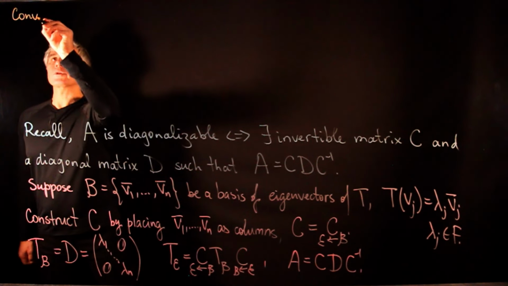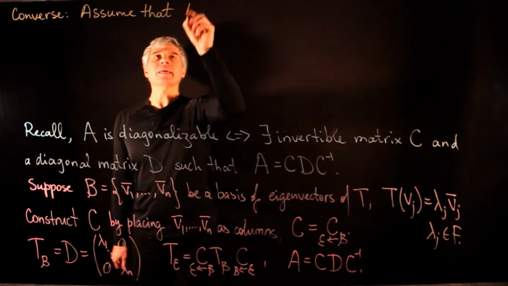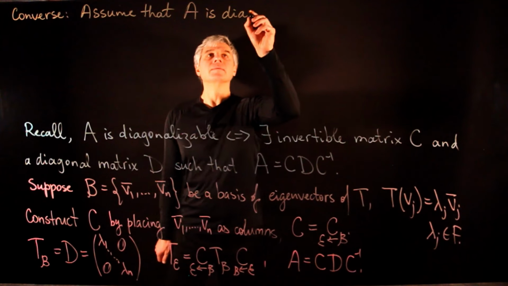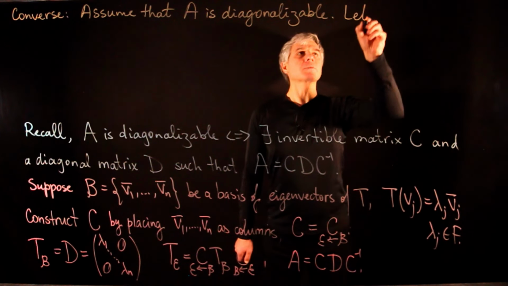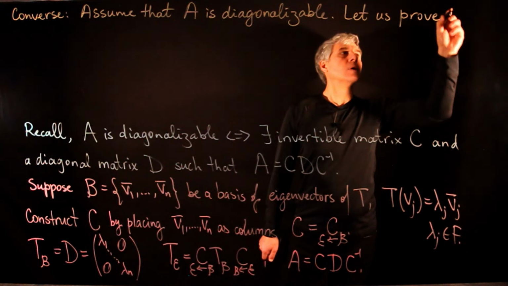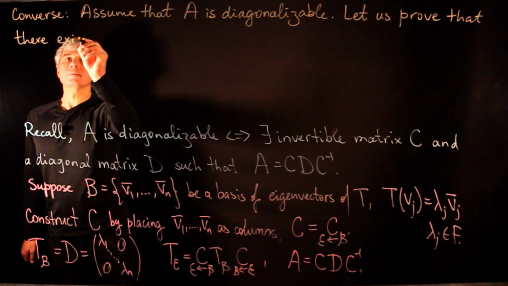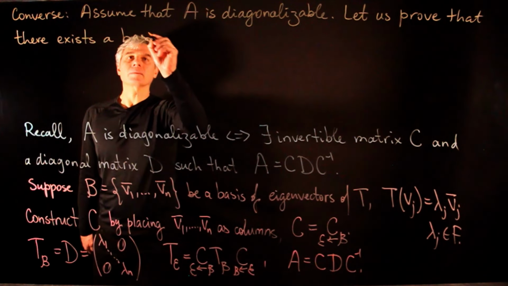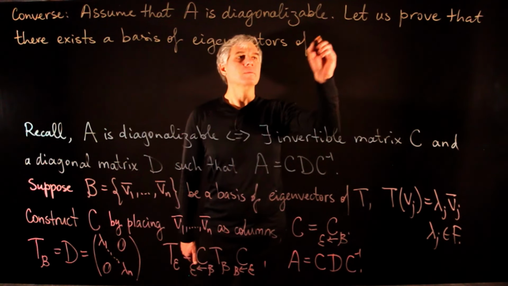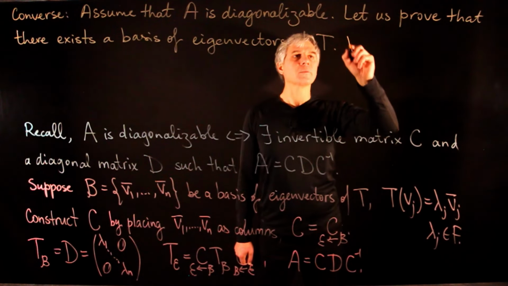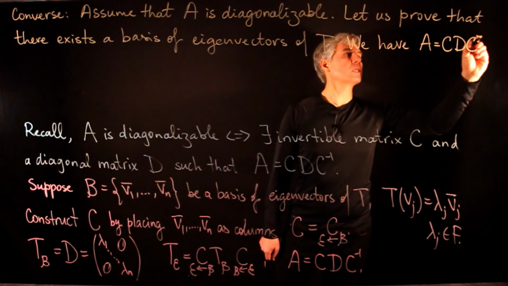Let us now prove the converse. So we assume that A is diagonalizable and let us prove that there exists a basis of eigenvectors of T. Since A is diagonalizable, then we have that A is equal to C times D times C inverse.